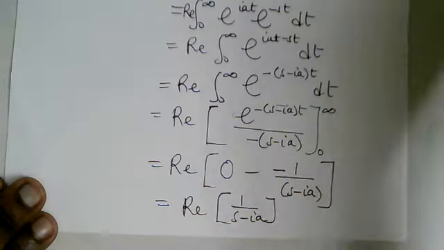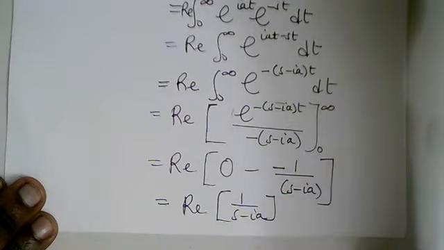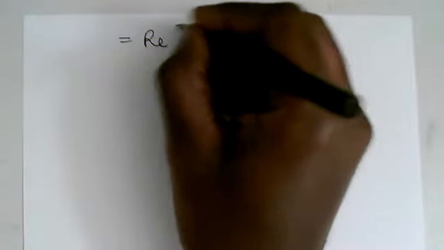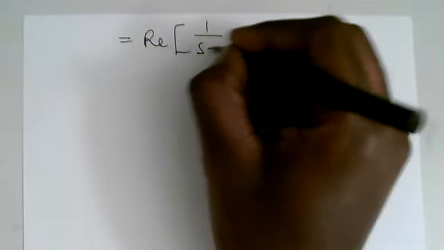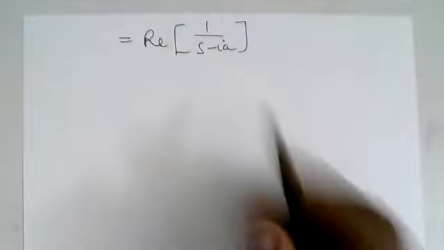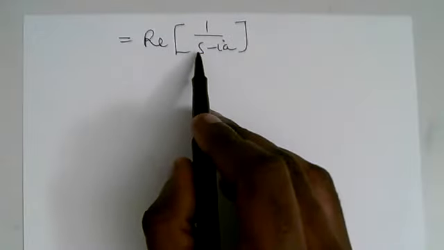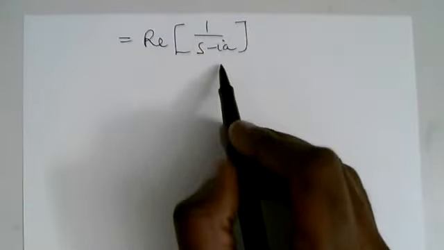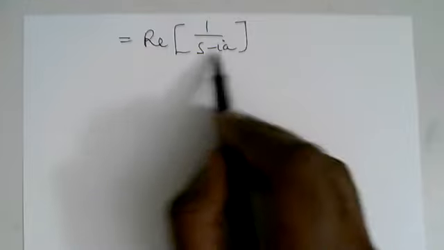Now what I want to do next is to realize the denominator. So I have the real part of 1 over s minus ia, and I want to make the denominator real, so I multiply both the numerator and the denominator by the conjugate of this.